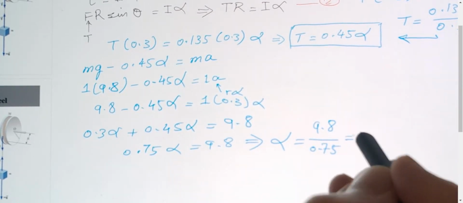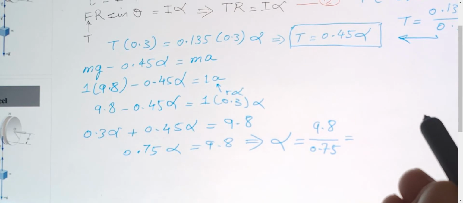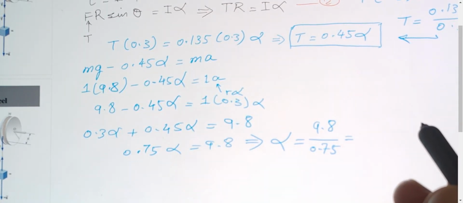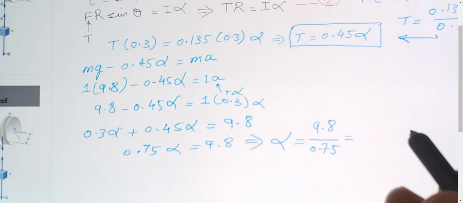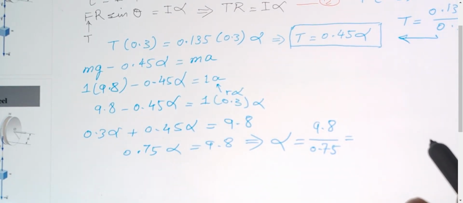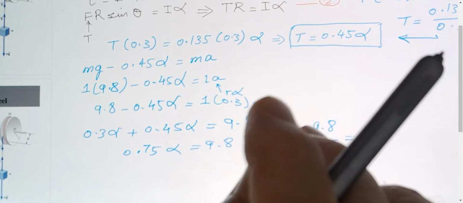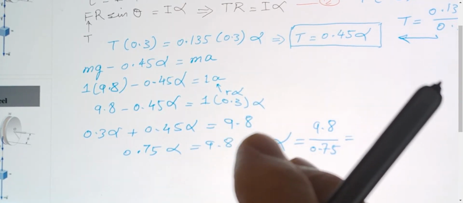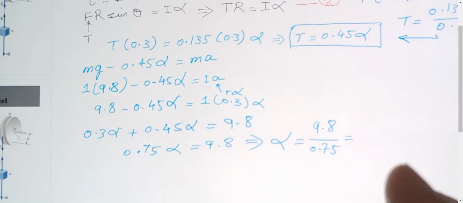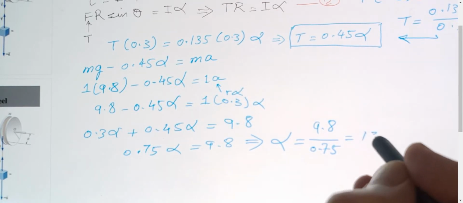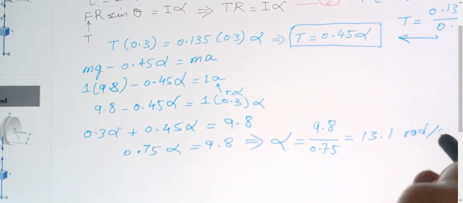So what's alpha? Somebody calculate it for us. 9.8 divided by 0.75, so it's 13.1 radian per second square.